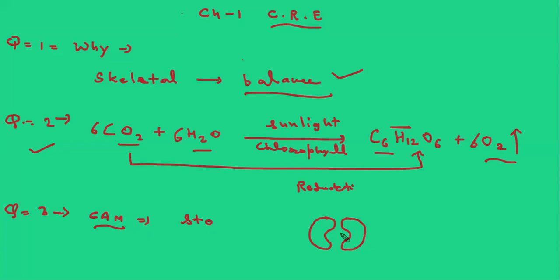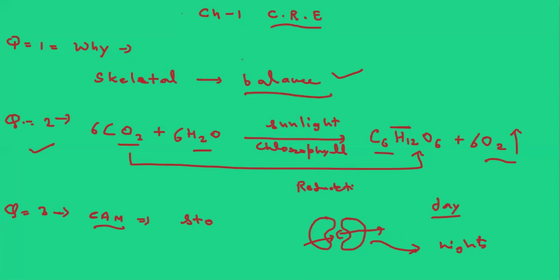These stomata help in the exchange of gases, isn't it? If these stomata open in the daytime, they may get damaged by the sunlight. So that's why they exchange their gases at night time only.